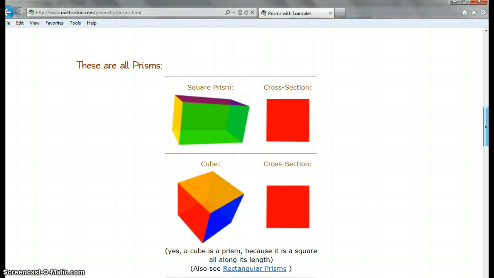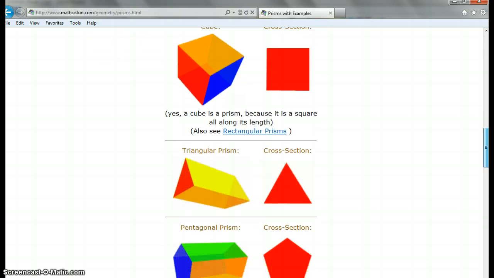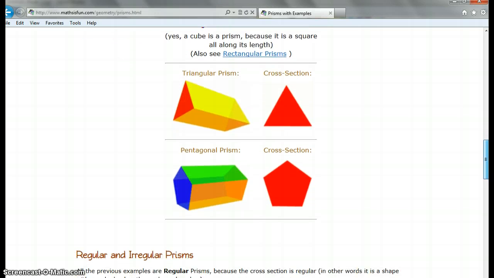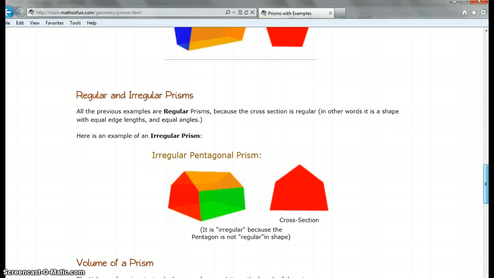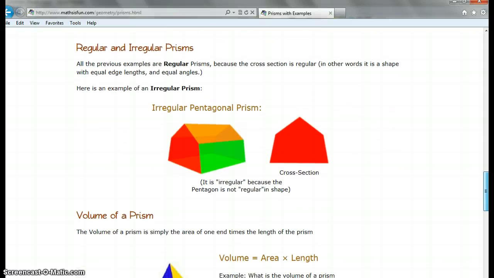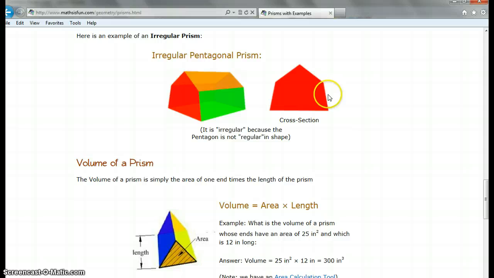Okay, so these are all prisms, triangular, pentagonal. You can even have an irregular prism. You might be given any sort of weird shape, told the area of it, told the length of the prism, and then you can just calculate the volume.